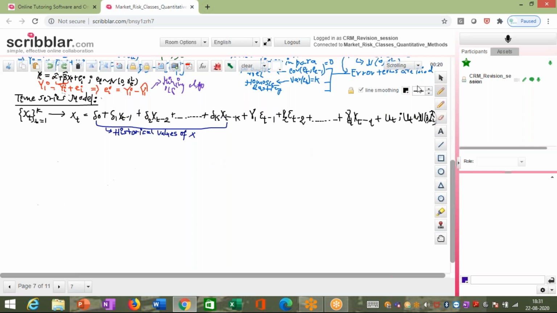So this is the second component. The second component which can impact them are historical shocks. So this part is known as the historical shocks.